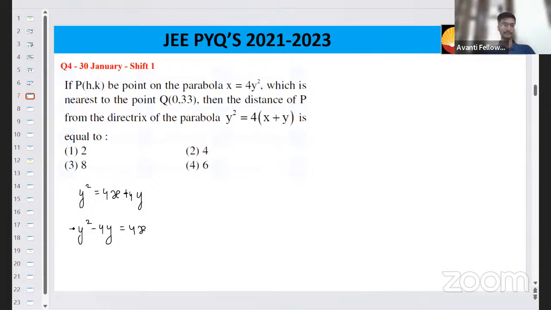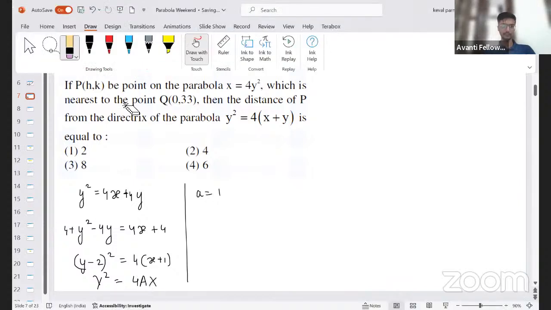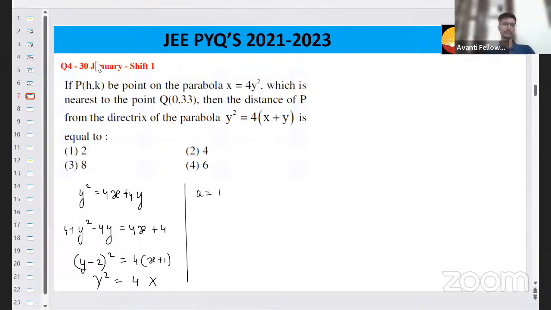If we add 4 on both sides, we get y minus 2 the whole square equal to 4 into x plus 1, which looks like y square is equal to 4ax, where a is equal to 1. Small a was used for something else, so it's better we use capital A. Y square equals 4AX, where capital Y is y minus 2 and capital X is x plus 1.